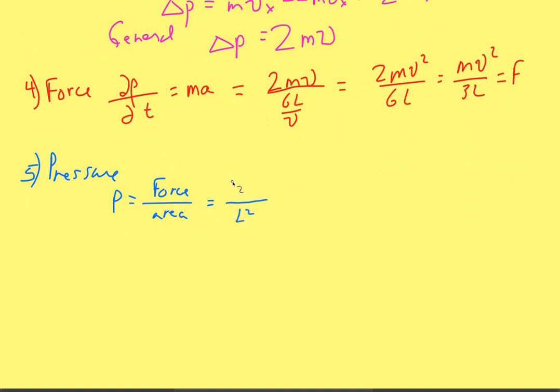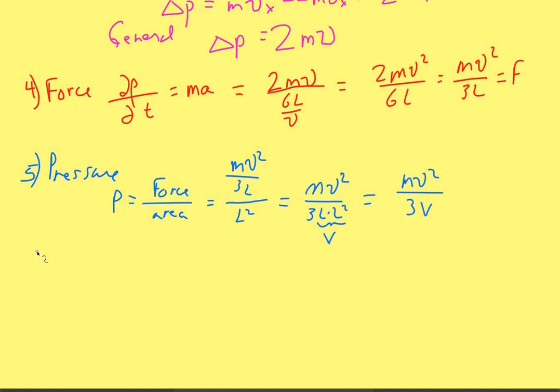And the force, we have already decided, is mv squared over 3L. And we could bring those together, and that would become mv squared over 3L times L squared. And this little piece right here is volume. And so we're going to have mv squared over 3V.